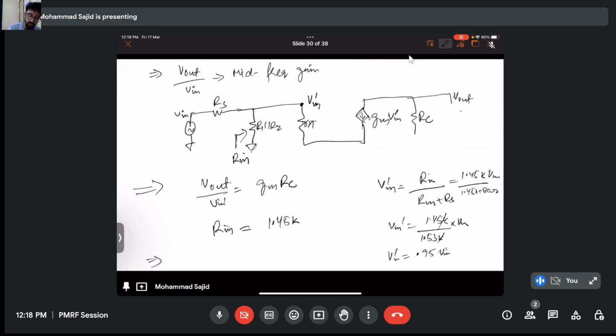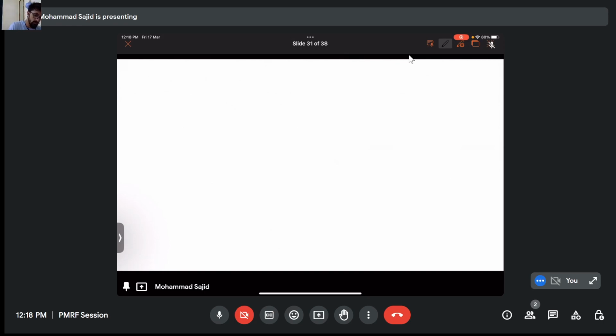So my gain is mod 0.95 gm RC. First we need to find gm, right? My gm is IC by VT. We know IE is equal to IC plus IB.